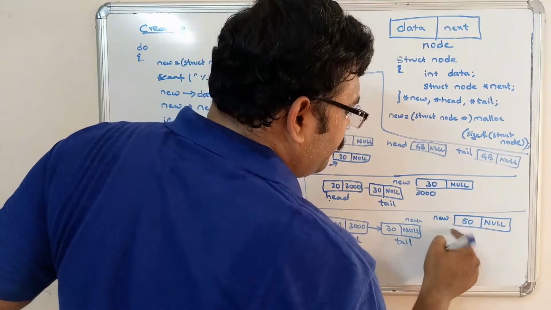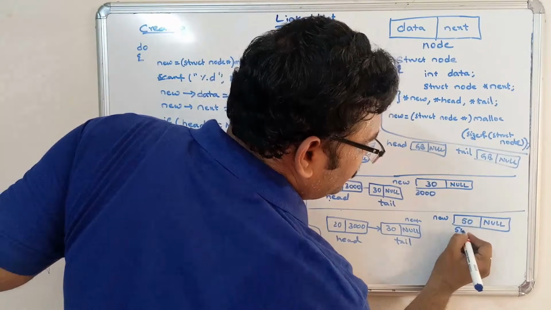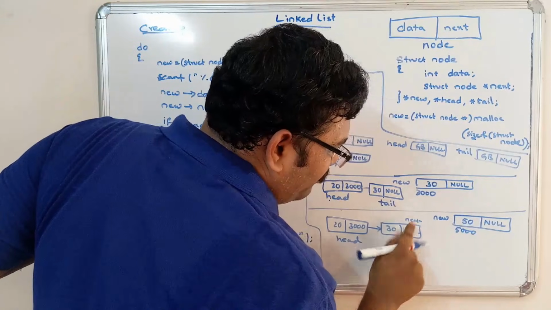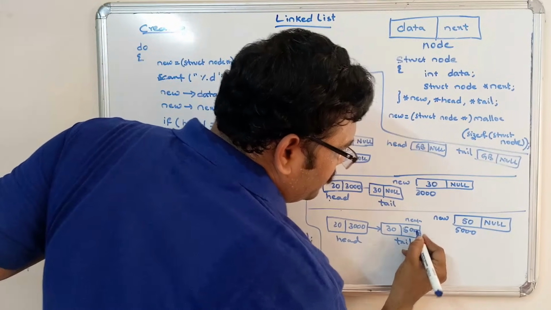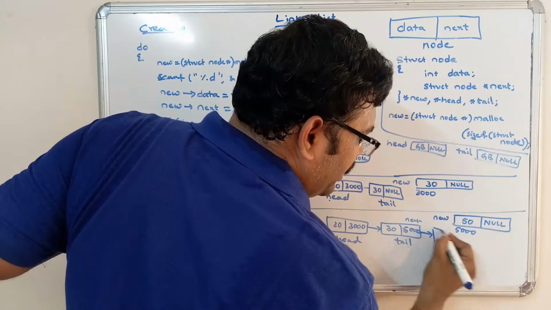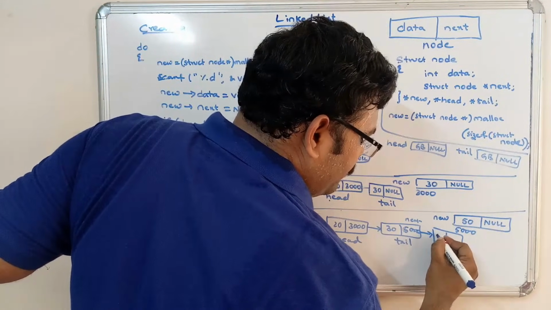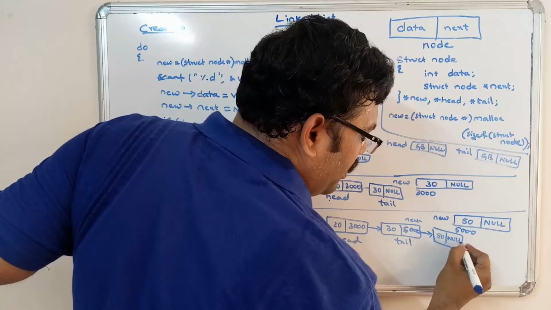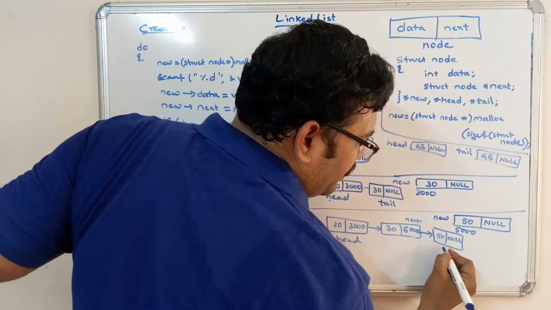What is the address of new? The address of new is 5000. So this null will be replaced with 5000. And then tail is equal to new. So obviously a node will be created here with 50 and null, and the tail will be removed from here and assigned here.